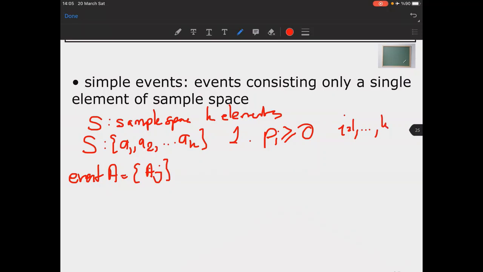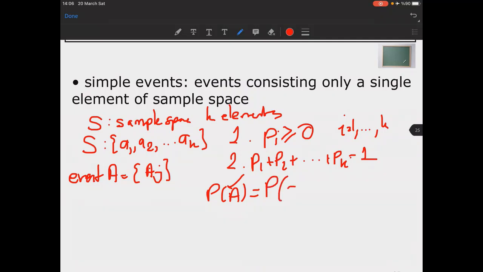And when you add all of these together, from P1 to Pk, you will end up with 1. That's the idea. And here you can write P(A) equals P(AJ), for example, and it will correspond to PJ.